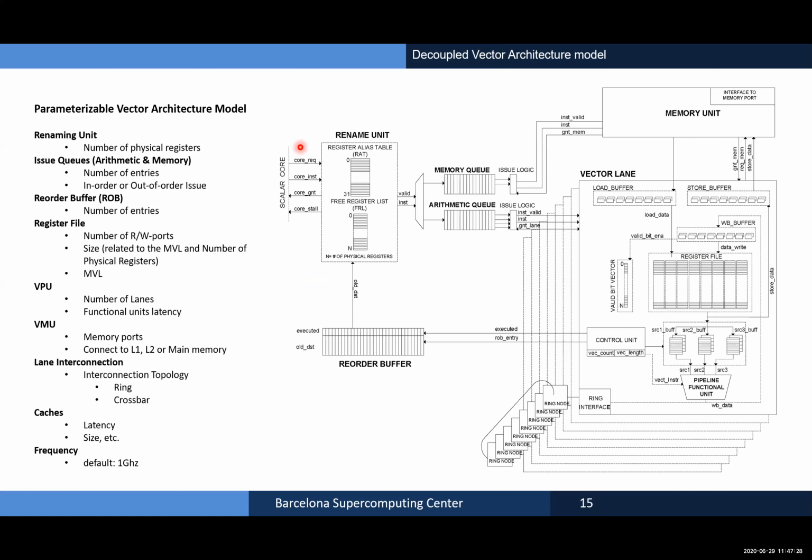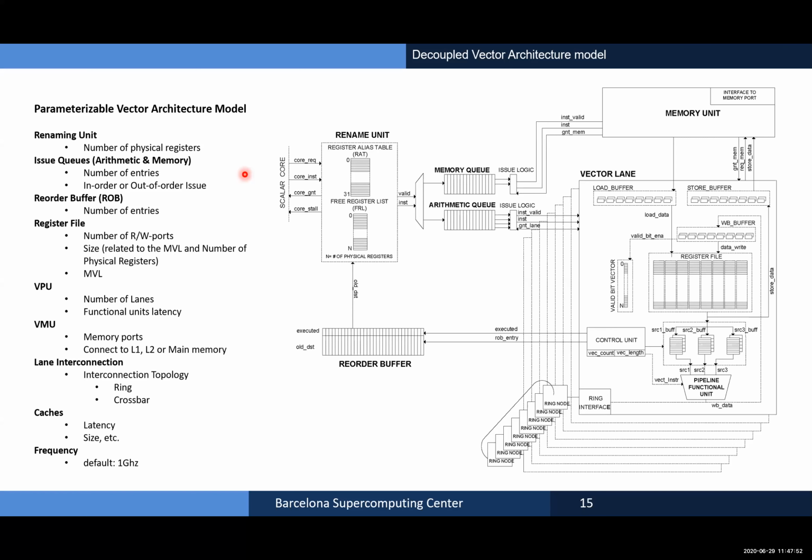The vector operations execute in the vector processing unit, whereas the scalar instructions run in the scalar core. So in a way, the scalar core is like a master that sends the vector instructions into the VPU.